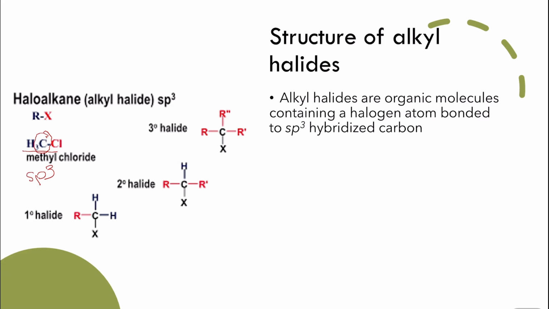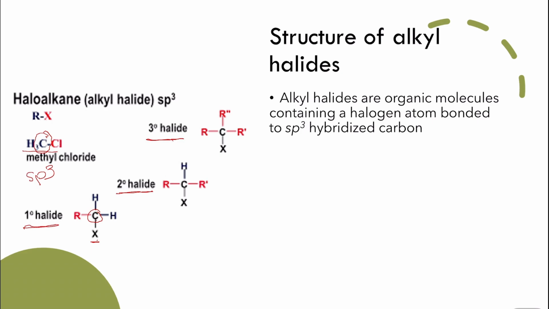We can categorize or classify alkyl halides into three types. We have primary alkyl halides, which we give the symbol 1°, and secondary alkyl halides, and tertiary alkyl halides. The difference between primary, secondary, and tertiary is when we look at the carbon attached to the halide.